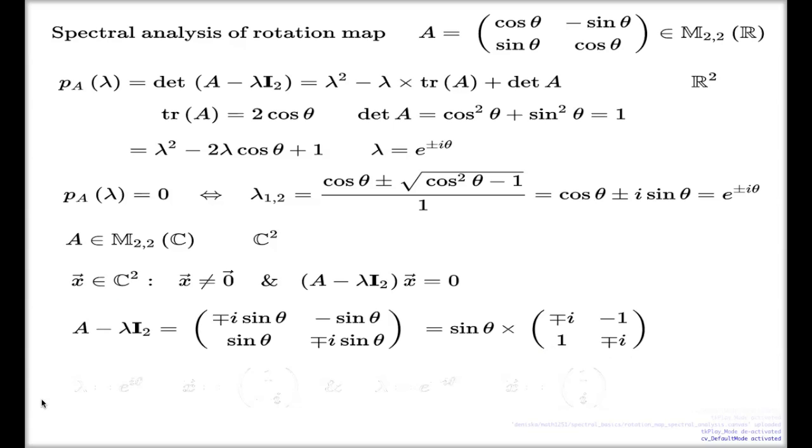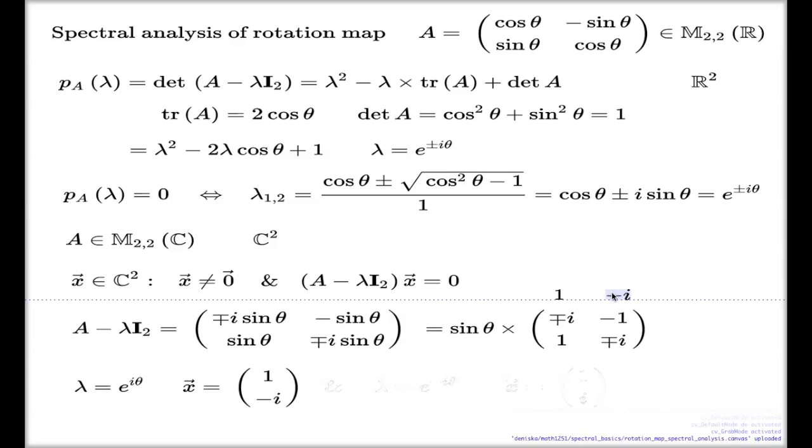And here's my guessing. Look at this. For the first value, for the plus value, so when you have minus here and you have minus here, the vector is this: 1, take negative i. If I write it here, the first component is 1, and the second component is negative i.